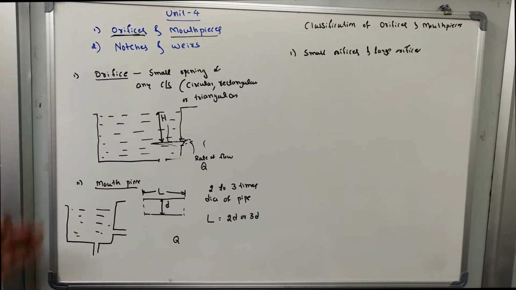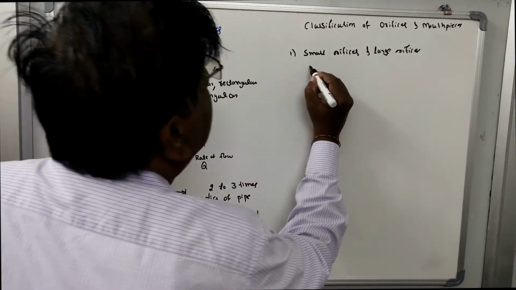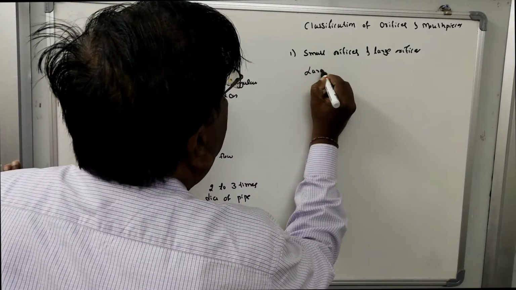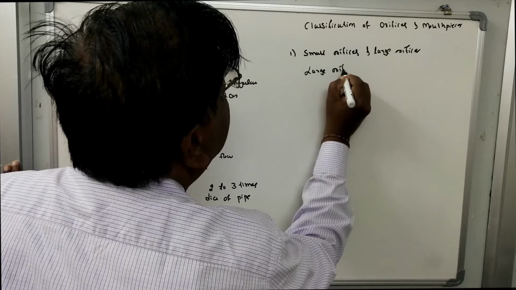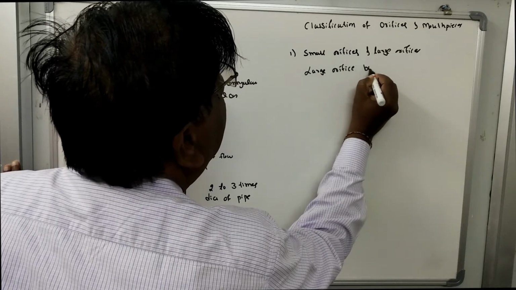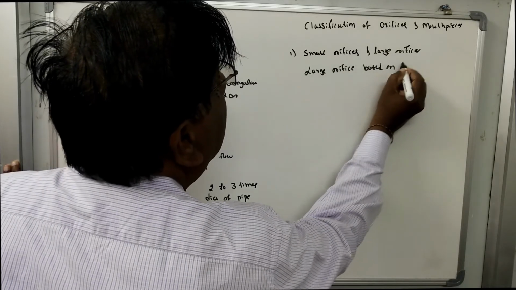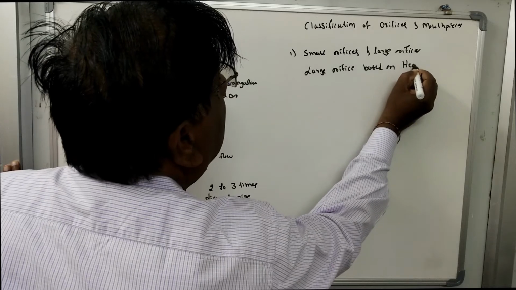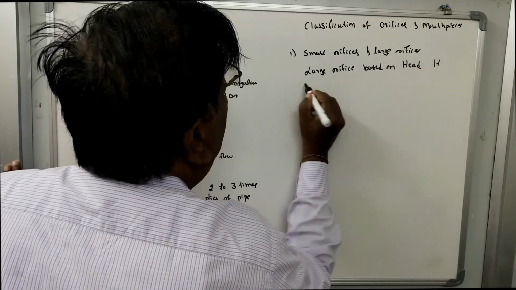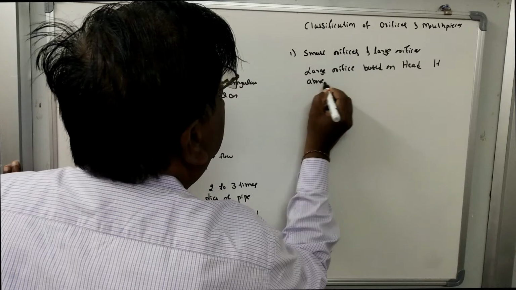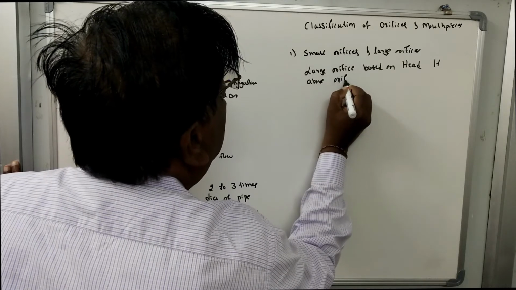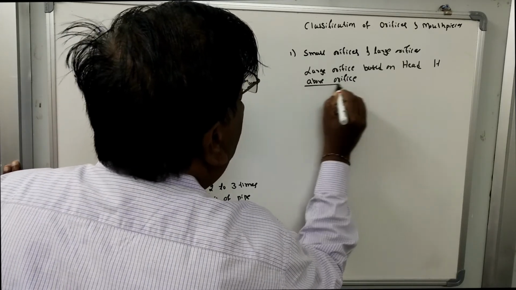Okay, then what is a large orifice? A large orifice is based on the head H above the orifice.